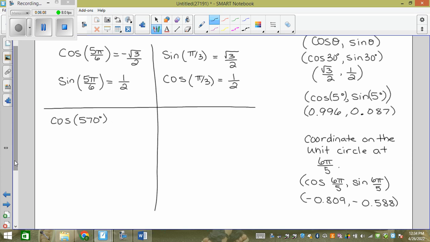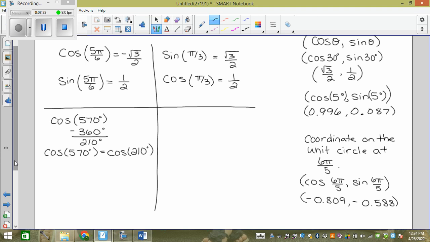So if I just subtract 360 from that, I'm going to get 210. So actually, cos of 570 equals its coterminal, cos of 210. These are actually equivalent. If I subtracted another 360, I would get negative 150. Cos of negative 150, same thing.